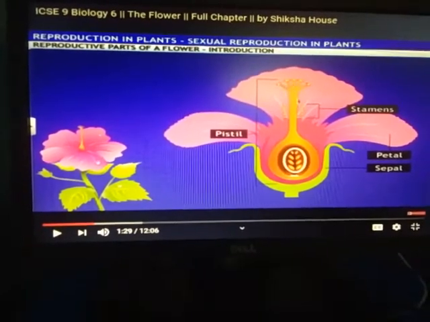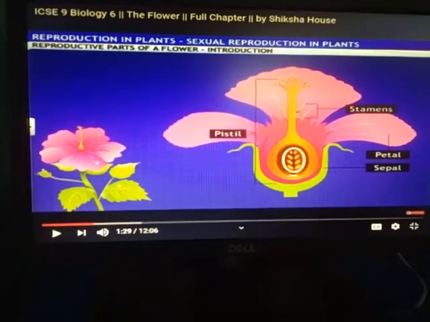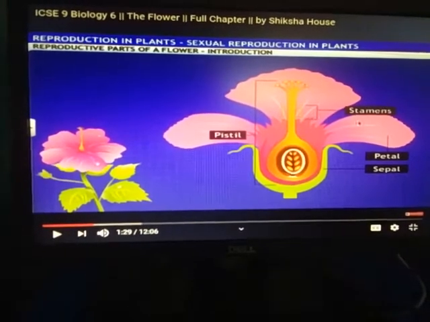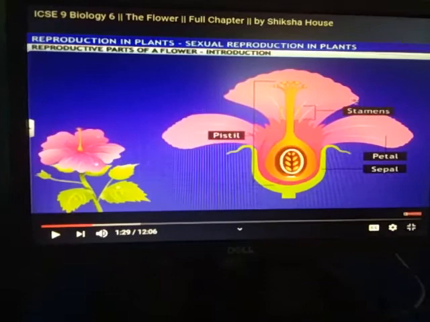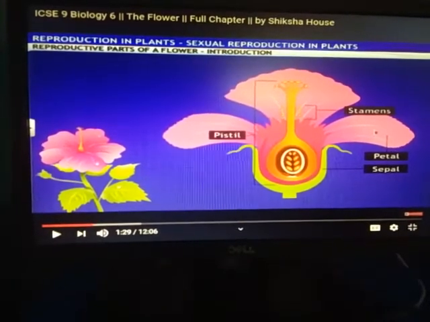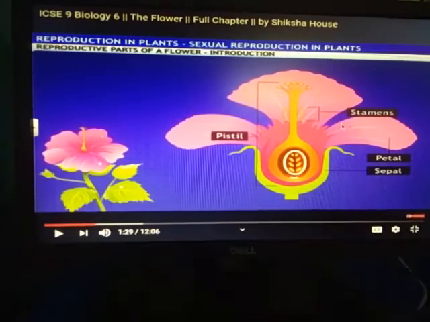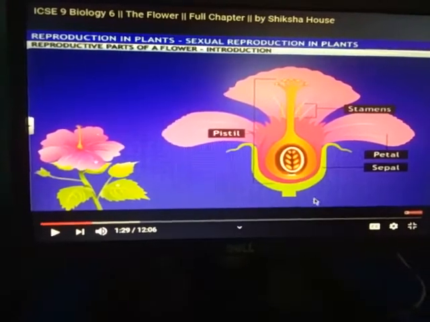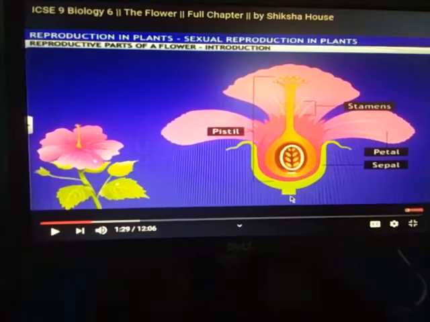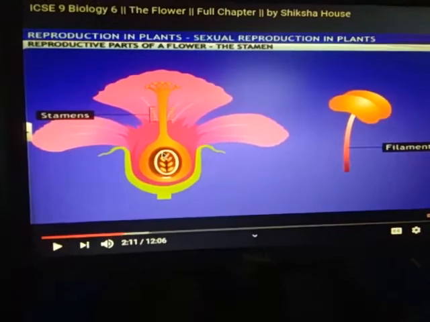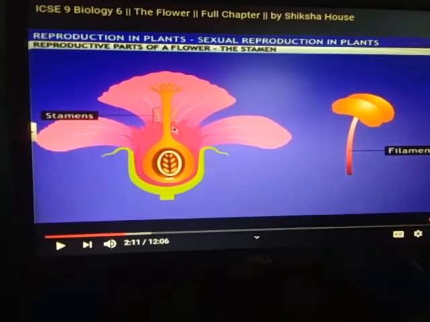And here is the anther. The stamens are the male reproductive part of the flower, called androecium. This red colored portion is the petals. And this green colored portion is called sepals. And in this region is the pedicel. Now dear students, we will discuss each part clearly one by one.